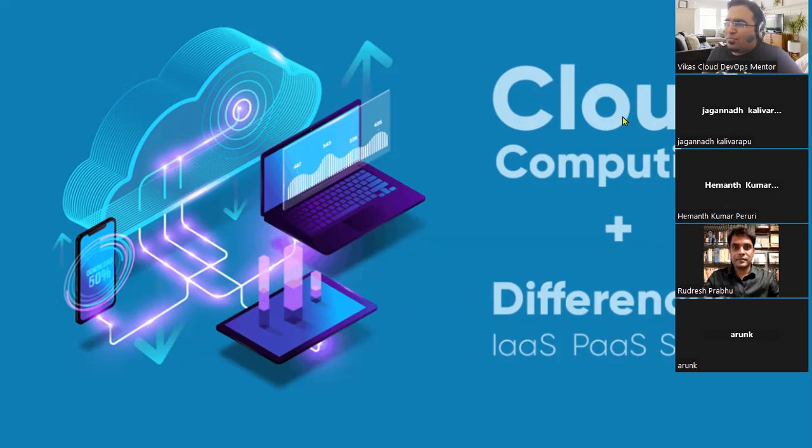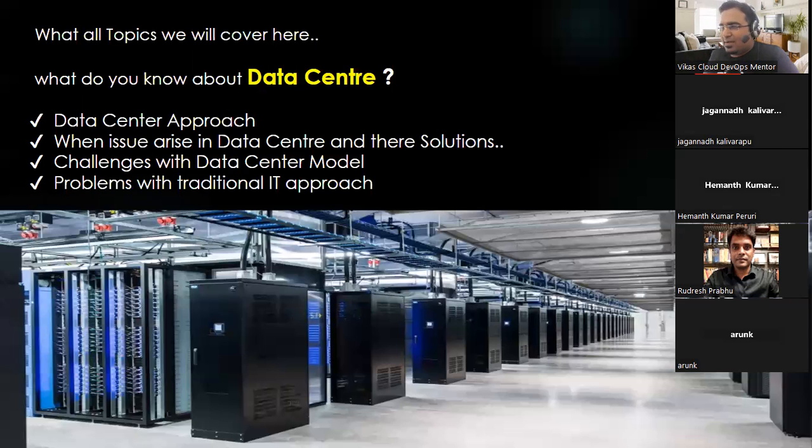Before going into cloud computing, or infrastructure as a service, platform as a service, software as a service, I would like to teach you why this thing is required, why it came into the picture. I will take a step back and go into data centers first. This is called a data center. Have you seen this in movies or somewhere? Or does anyone work in a data center in real time? Yes, in Hollywood movies you can see this.